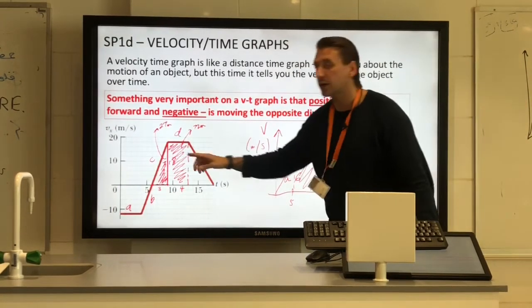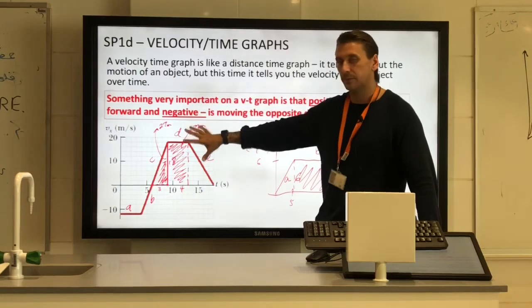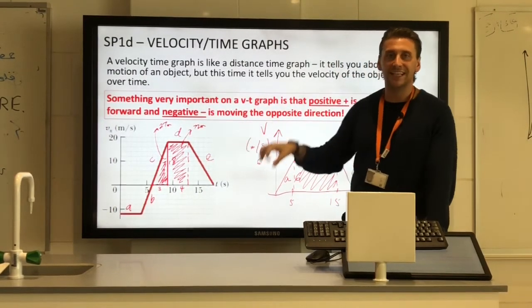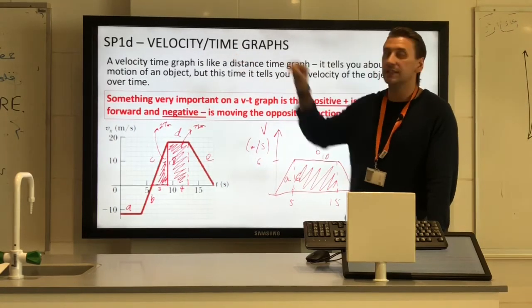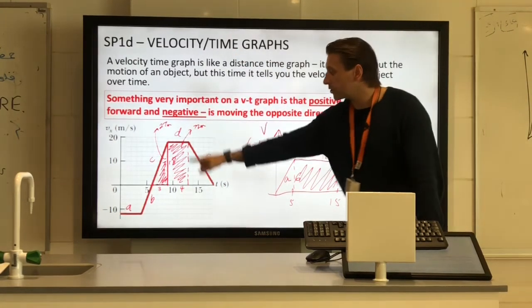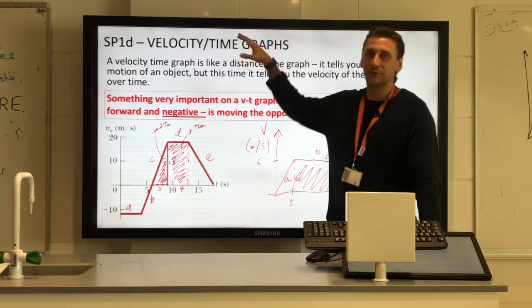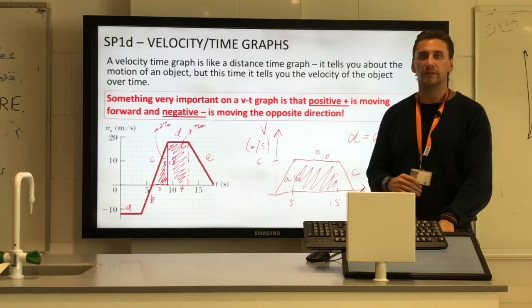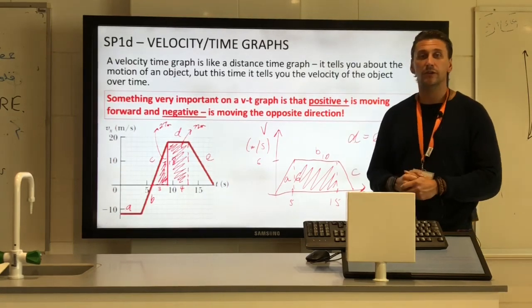This one is speeding up in the other direction because it's in the positive. So the gradient of a velocity time graph is the acceleration, but also the area underneath the velocity time graph is distance traveled. So they're the things we can find from the velocity time graph. And that's chapter 1 from A to D.